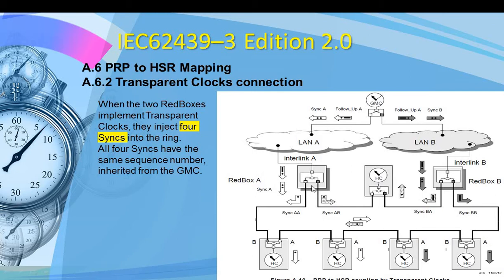Because this red box and also this red box are configured as transparent clock, when the sync message and follow-up message go through the transparent clock, all the messages will be forwarded from the PRP network to the HSR network.